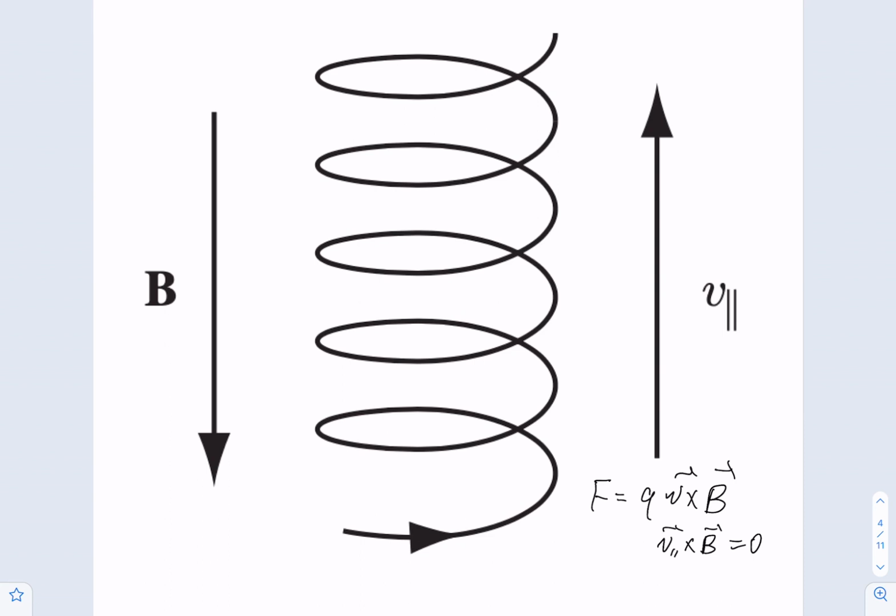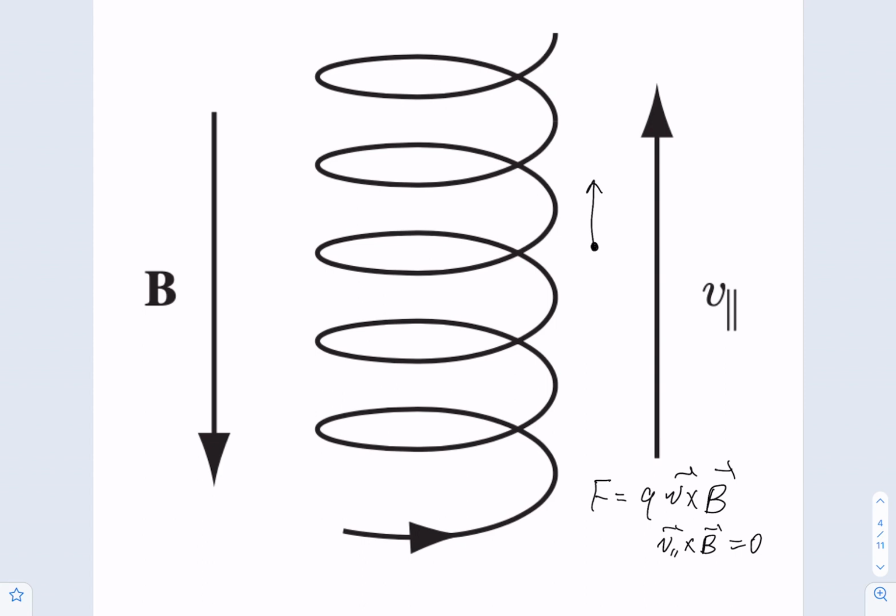Okay, so the reason that it will make a circle like this is because there is also velocity that's perpendicular to the B. If the particle only has a velocity like this, then it will move in a straight line.